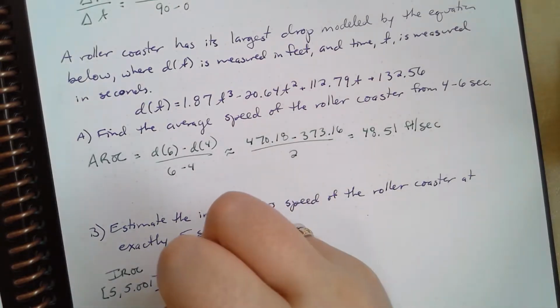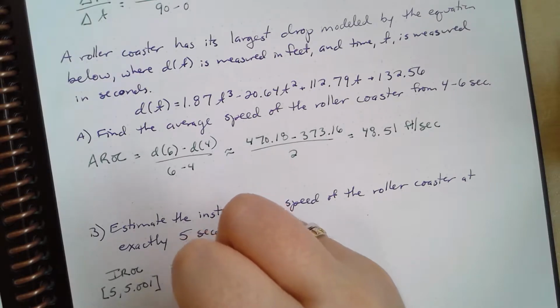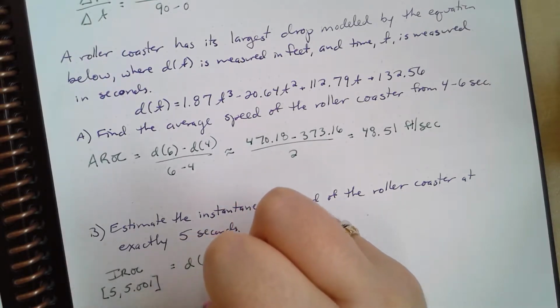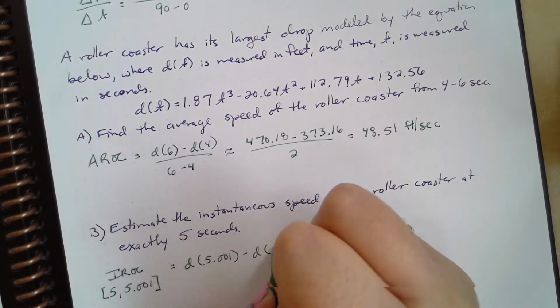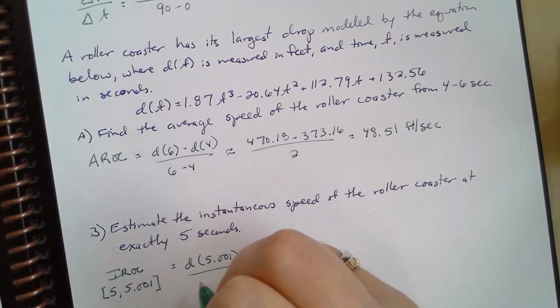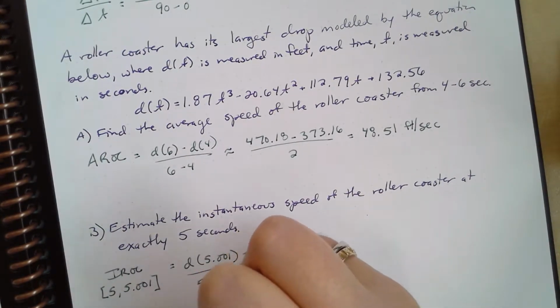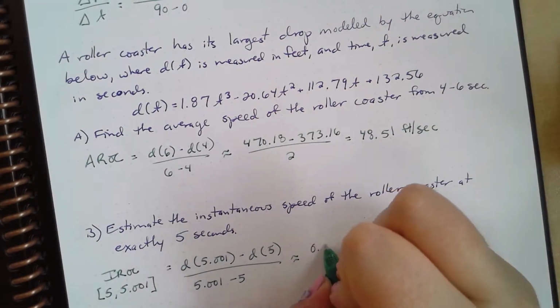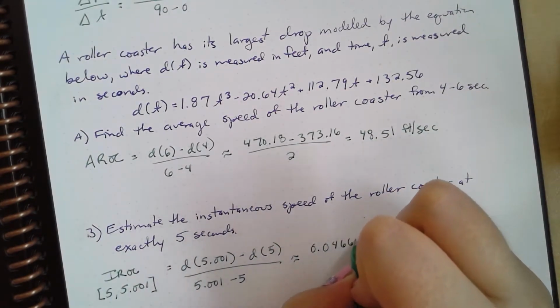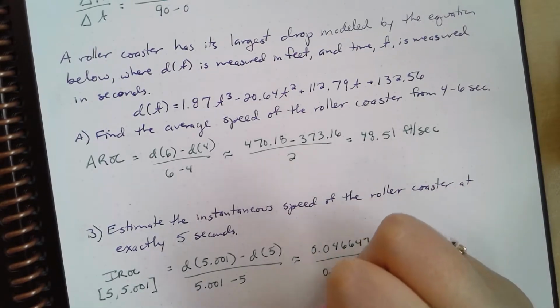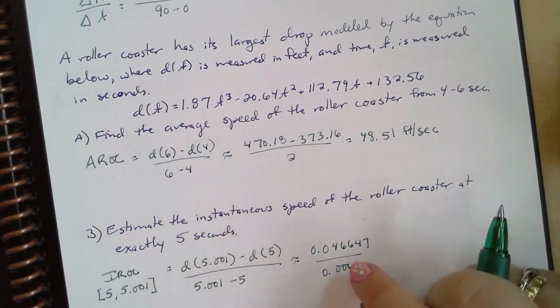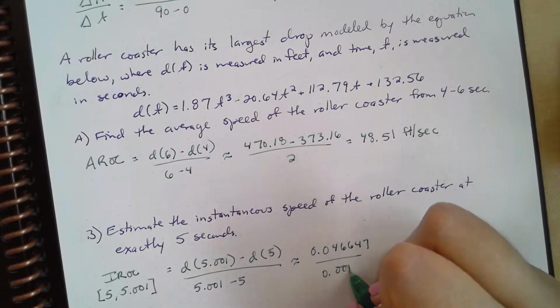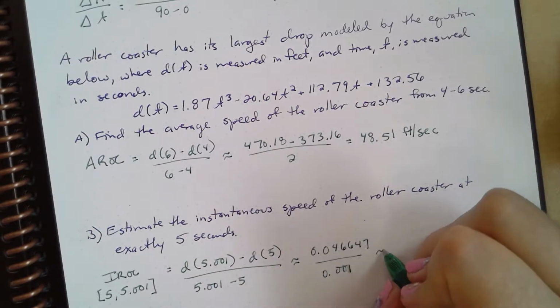So our instantaneous rate of change is going to be equal to d of 5.001 minus d of 5 over 5.001 minus 5, which is approximately 0.046647 over 0.001.